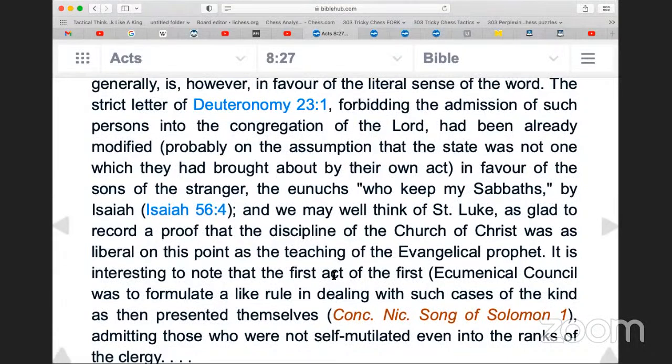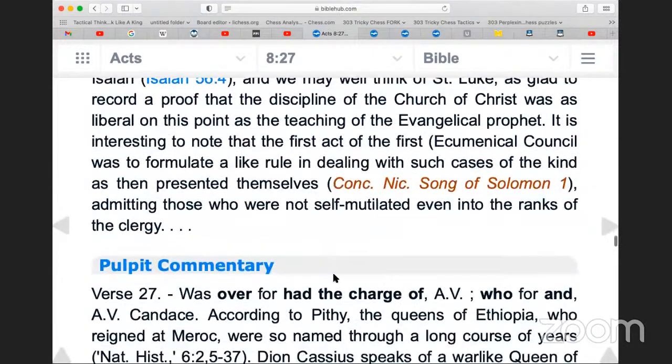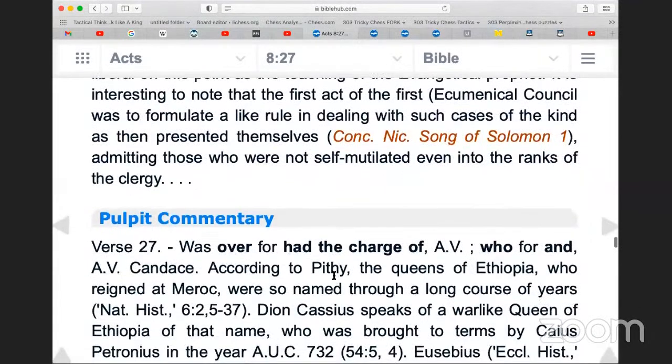It is interesting to note that the first act of the first ecumenical council was to formulate a like rule in dealing with such cases as their kind present themselves, admitting those who were not self-mutilated even to the ranks of clergy.